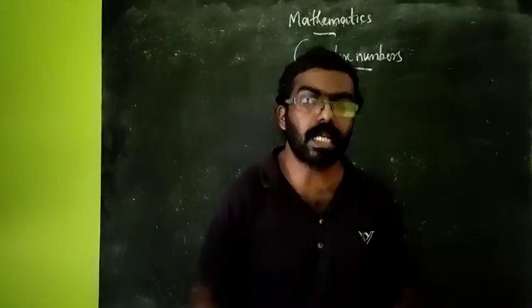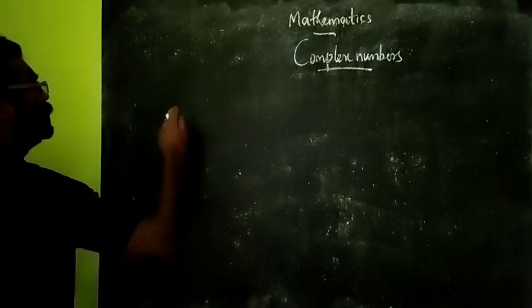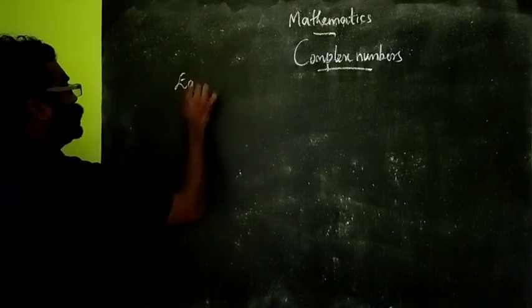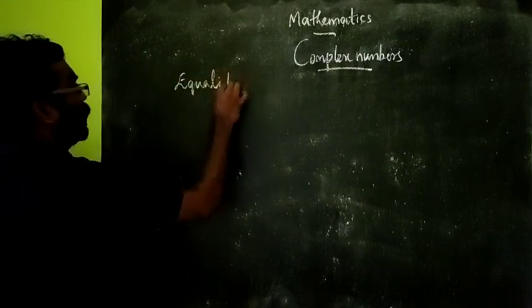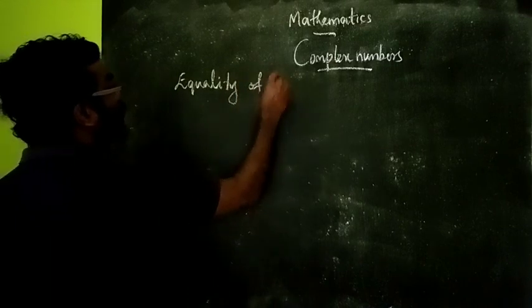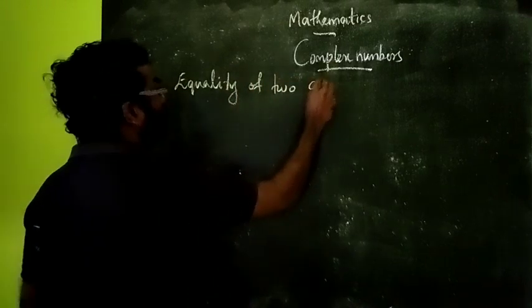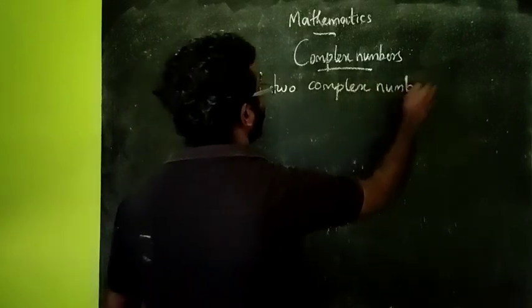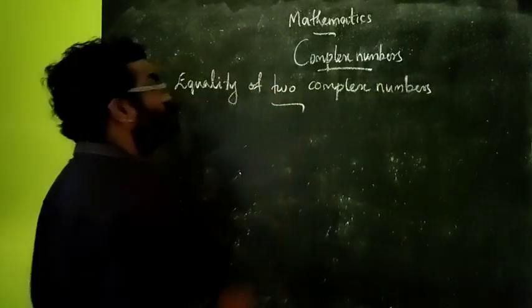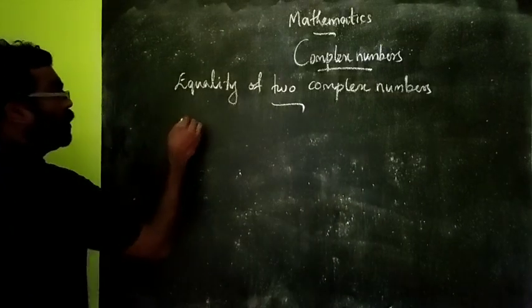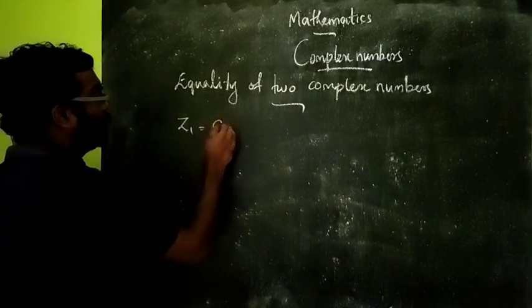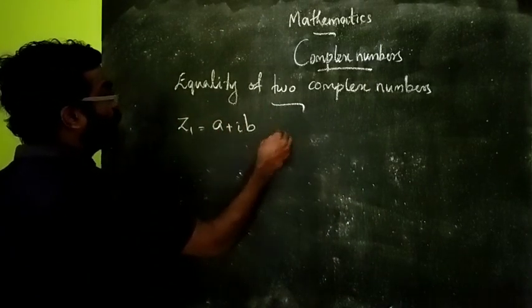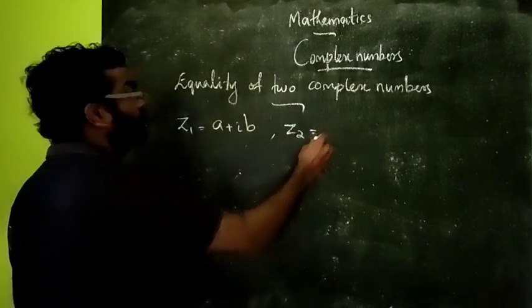Now we shall discuss the equality of two complex numbers. When can we say two complex numbers are equal? Let us take two complex numbers, z1 is equal to a plus ib and z2 is equal to c plus id.